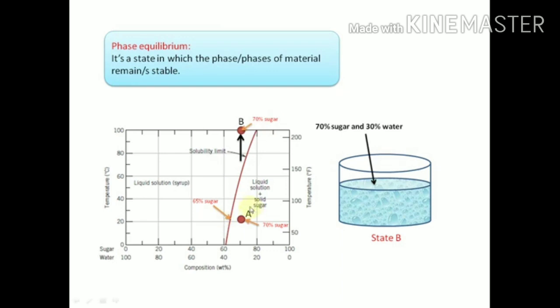So, the solid sugar that was present at the bottom of the container gets dissolved at state B. After complete dissolution of solid sugar, the system attains equilibrium. So, state B also remains in phase equilibrium. That means, after complete dissolution of sugar, there is no change in phase.